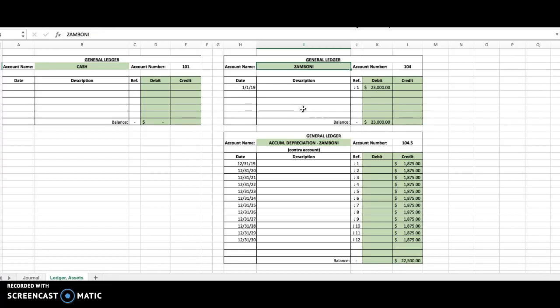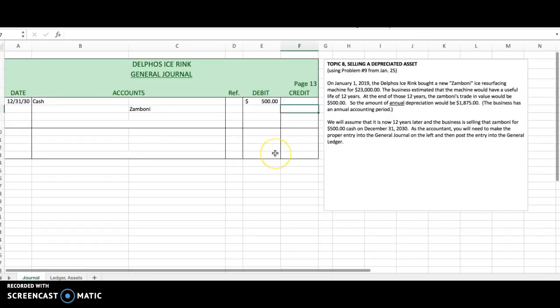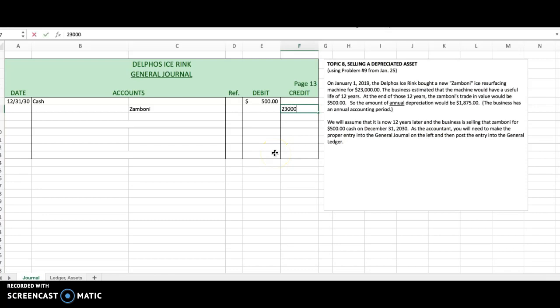We are closing the account or clearing it off the books, which means this account has to have a zero balance. In order to do that, we do need a credit of $23,000. So that's why back in the journal, we need to credit $23,000.